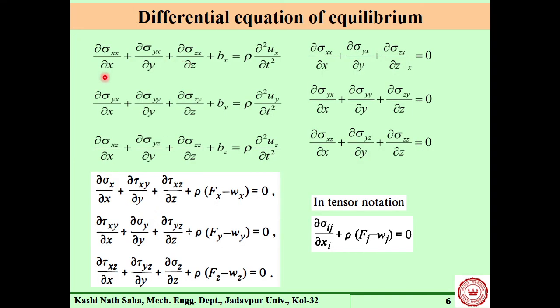So this is the first one; the second and third are similar. These three equations are known as the equations of equilibrium, or differential equations of equilibrium, because these equations are differential equations. They can then be expressed in another form.